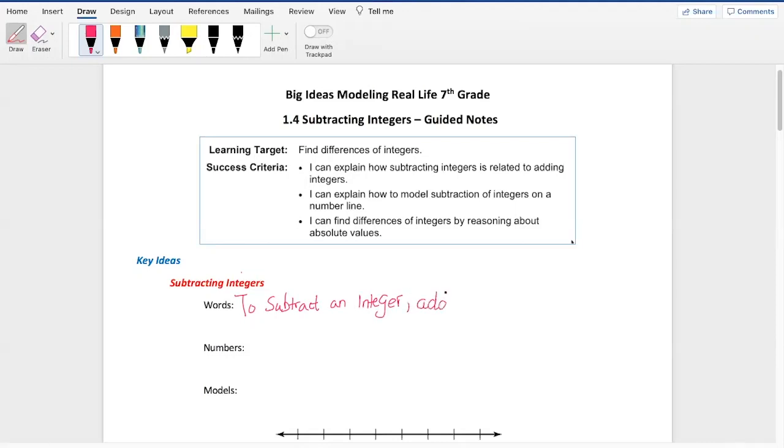We'll say when we're subtracting an integer, we are adding its opposite. So in numbers, if I were to see, let's say, 3 minus 4, subtracting that integer is the same as adding its opposite. So if I still had 3, instead of subtracting 4, it's the same as adding a negative 4. Those two would give me the same amount.